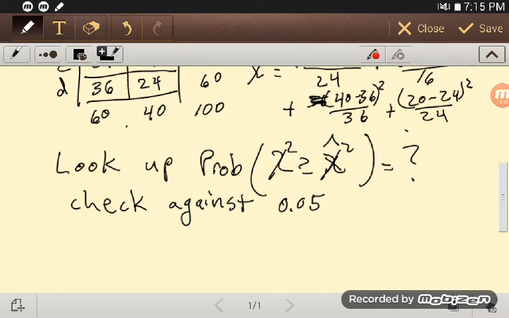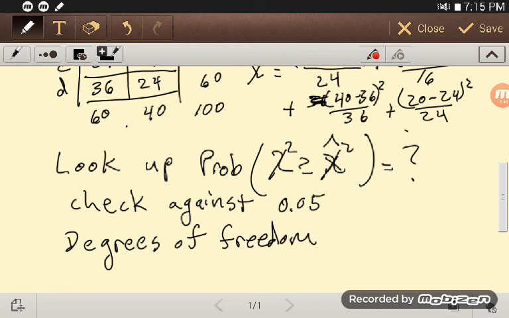Now, I haven't mentioned degrees of freedom. Okay, so we have to worry about that. And the degrees of freedom is just the number of rows minus 1 times the number of columns minus 1.